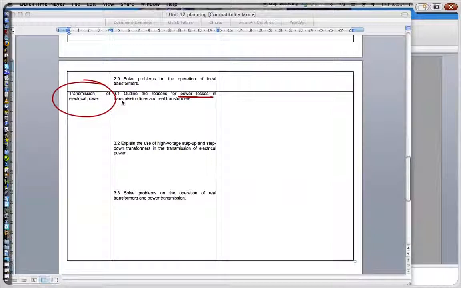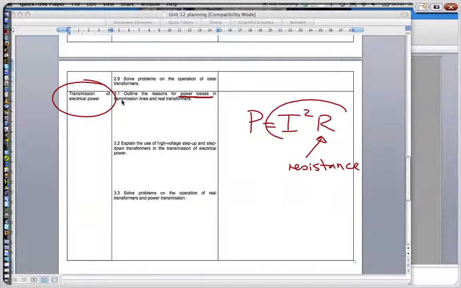Now, because power is equal to I squared R, one of our formulas, whenever you have a resistance in a system, in a circuit, you are going to get losses due to power. This will come out as heat.